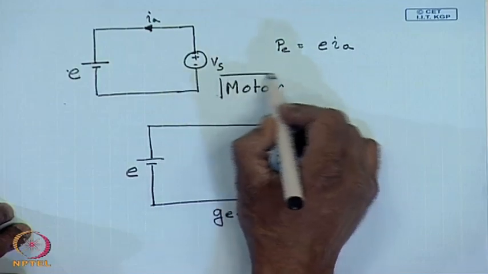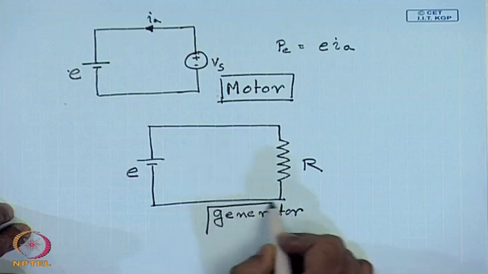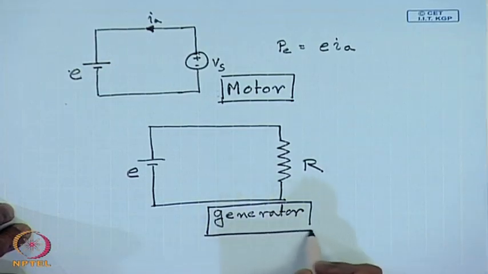So, this is the principle of electromechanical energy conversion in an electrical machine.